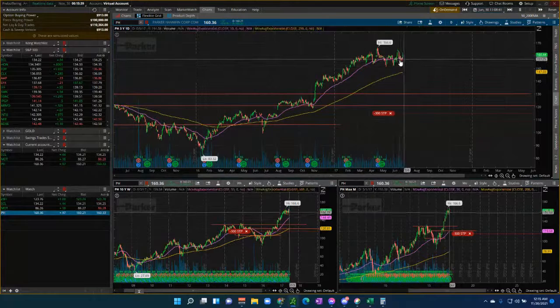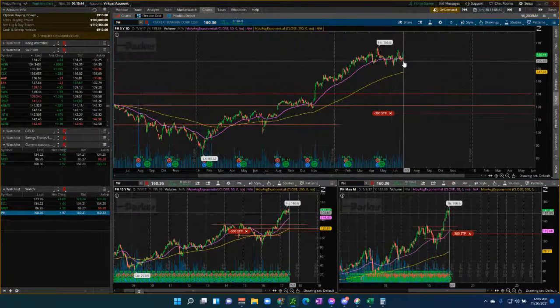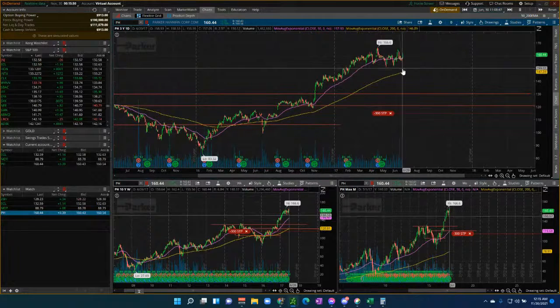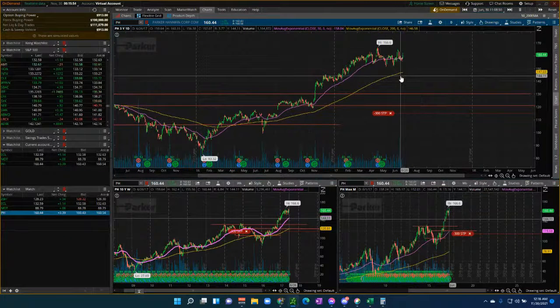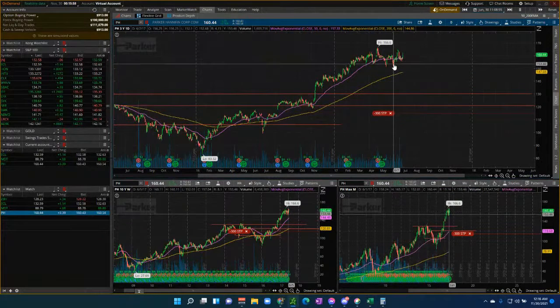So sideways action, which is really good too if you're hedging, because whenever you get sideways action like this, your hedge actually makes a little bit of money each day due to theta, right? Time decay in that contract's value. You make a little bit of money each day on theta burn.